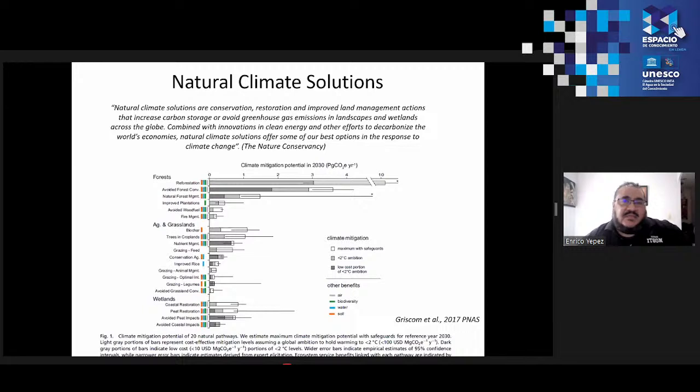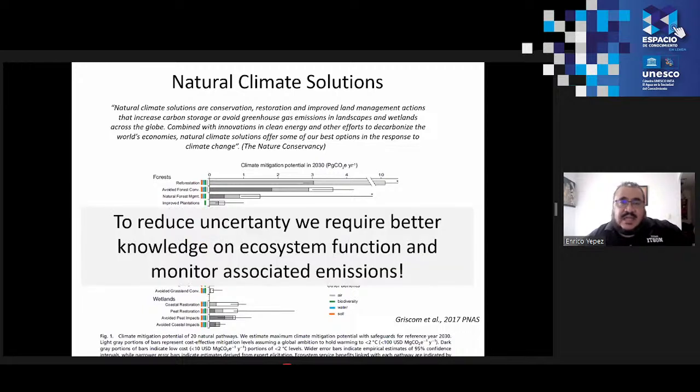However, as you can see in the figure, the uncertainty for these implementations is very big. It's costly in some instances, and in some instances it's not too costly. But the bottom line is that it's a very uncertain application, and this uncertainty basically comes from the poor knowledge that we have in some instances about the function of these ecosystems.